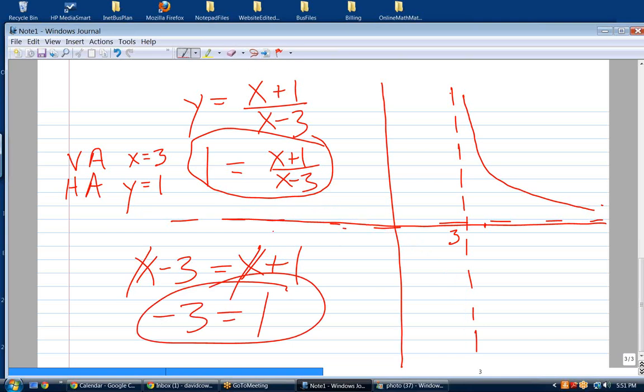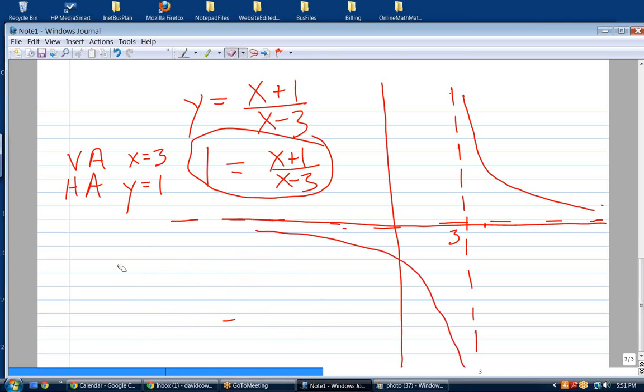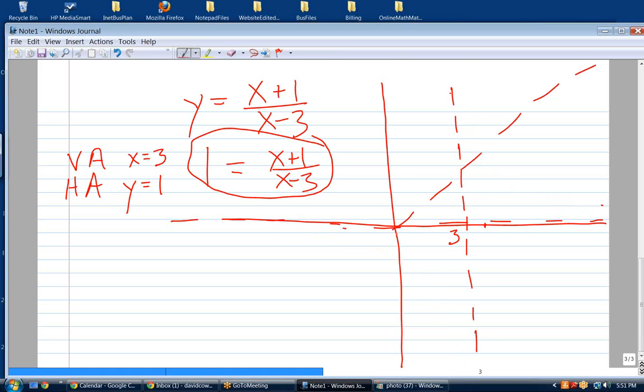It would have to be like this. But there are also oblique asymptotes that look like this. And if you have an oblique asymptote, that can be crossed. That is not inviolable.